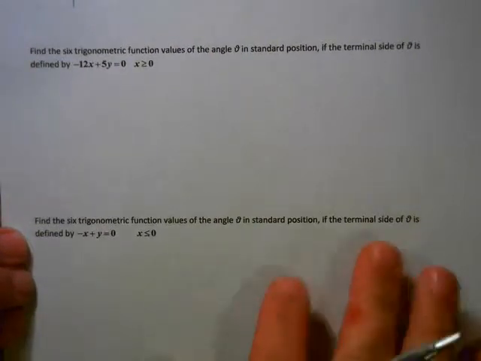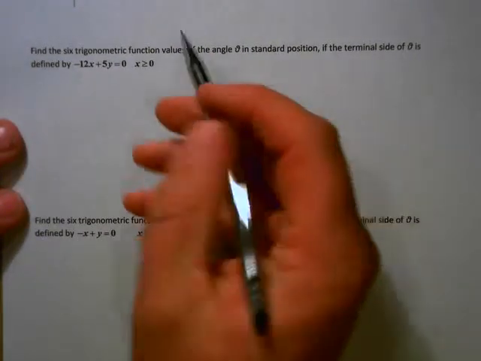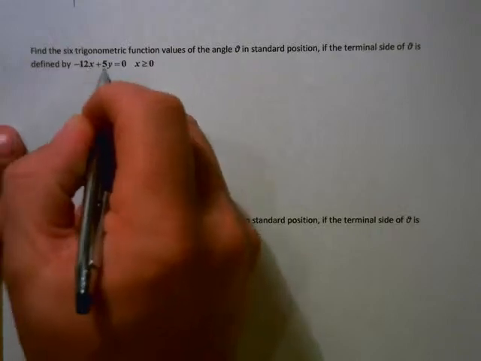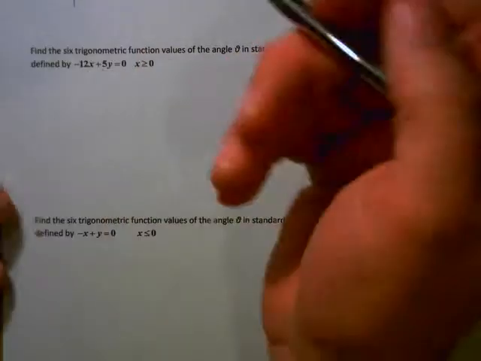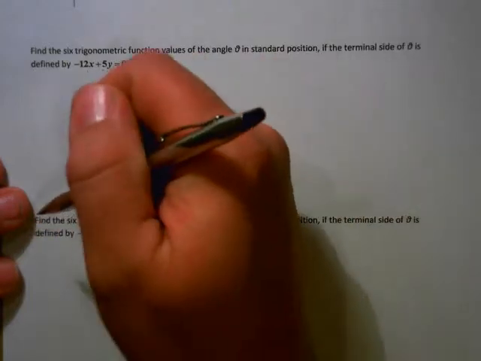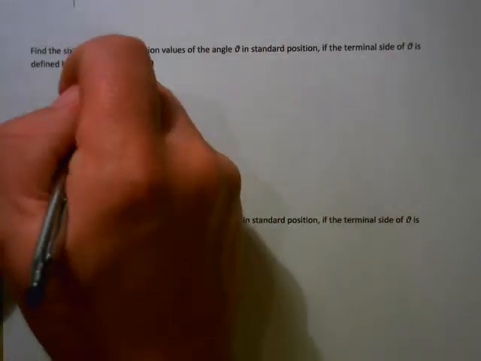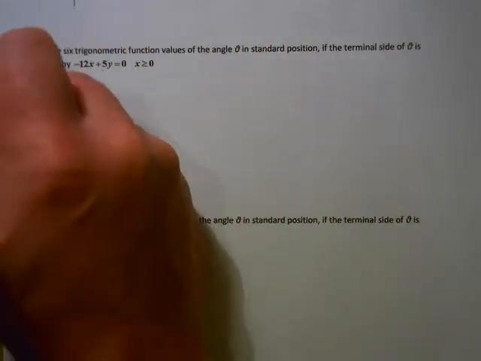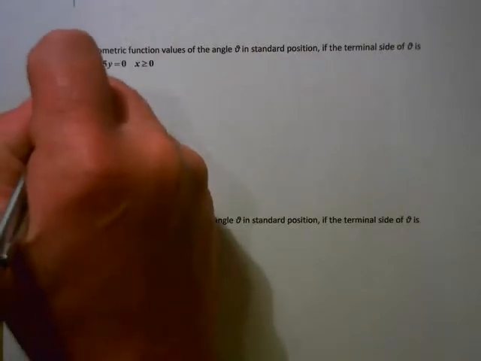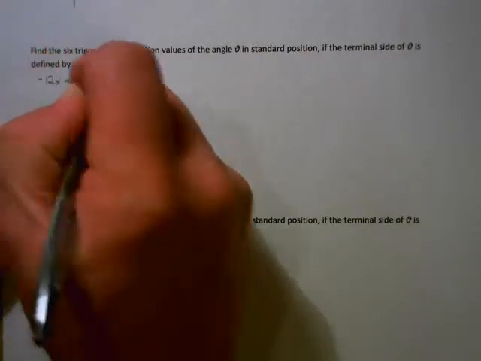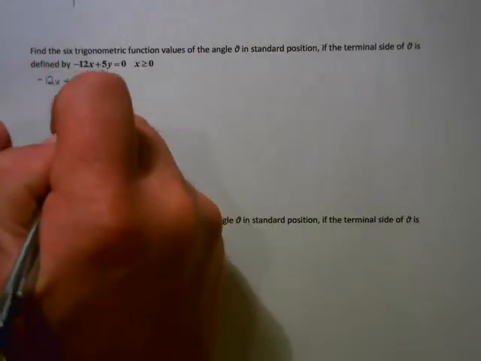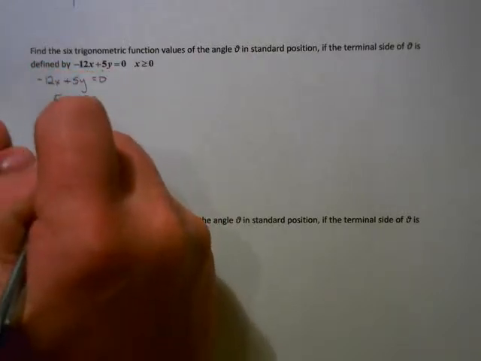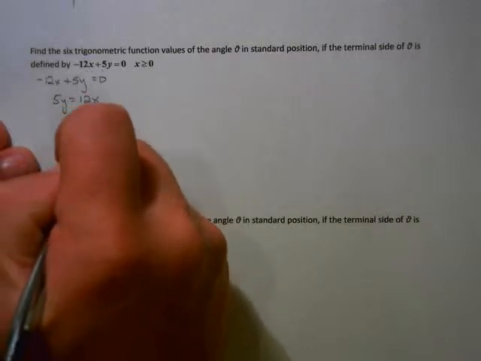Now the setup of this one is a little different because notice we have an equation here. Instead of giving a point, we have an equation. While we could still find a point on that line, we could also solve this. If it's negative 12x plus 5y equals 0, then 5y equals 12x, and y equals 12x divided by 5.